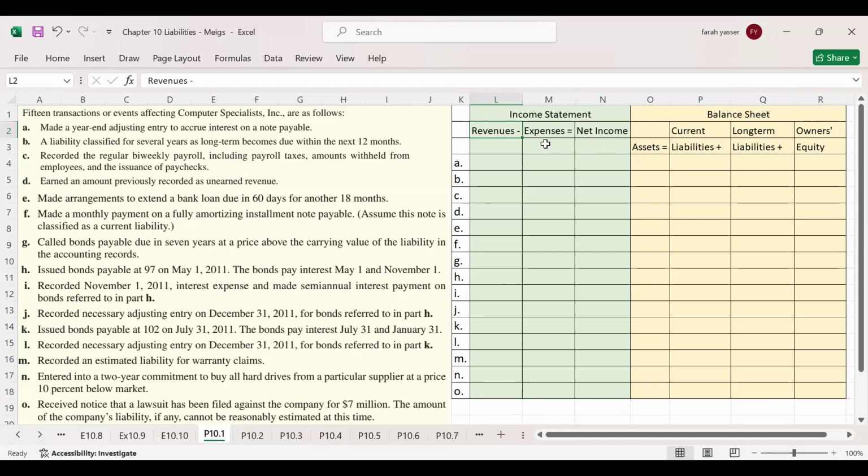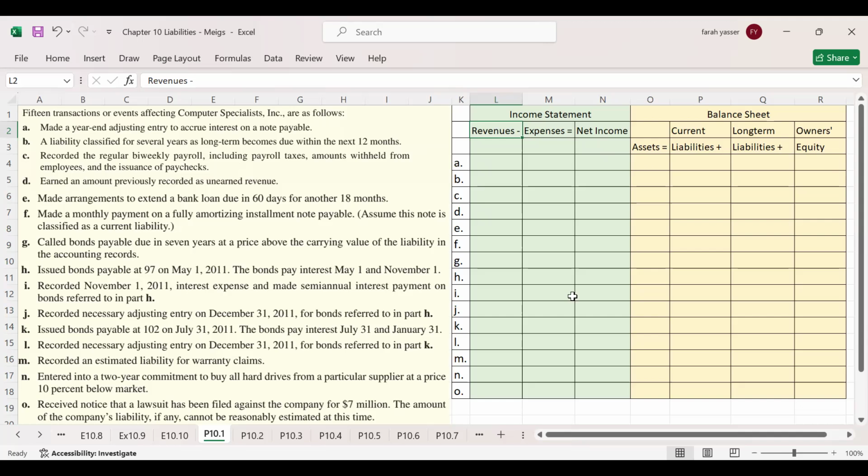Likewise, if there's any increase in expenses, the increase in expenses results in a decrease in net income, hence have the same impact on owner's equity, that is, decrease in net income also decreases owner's equity.